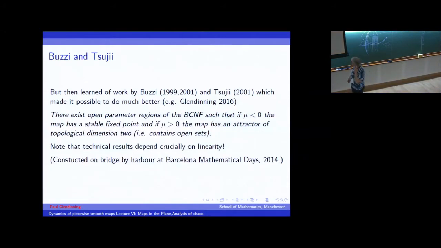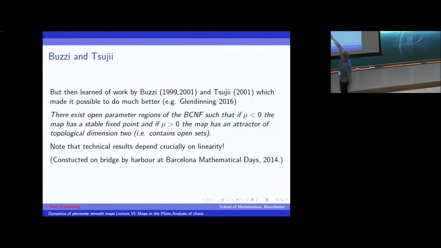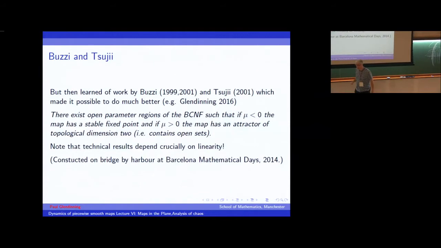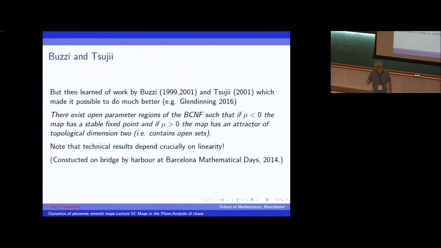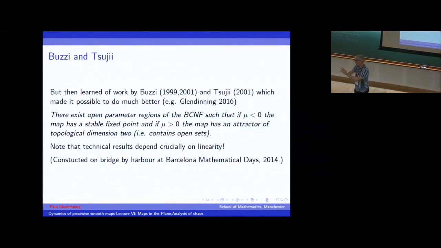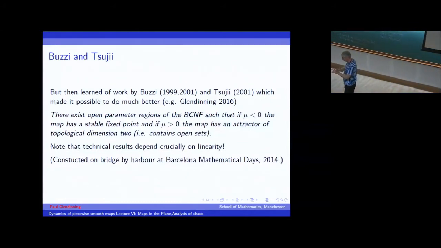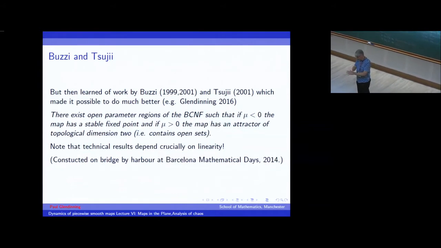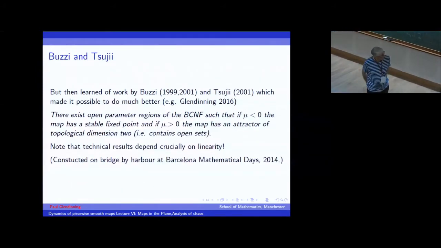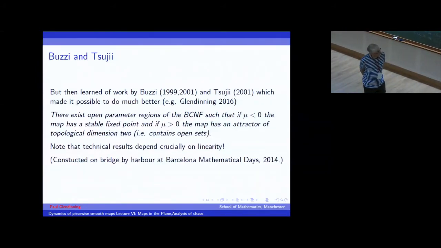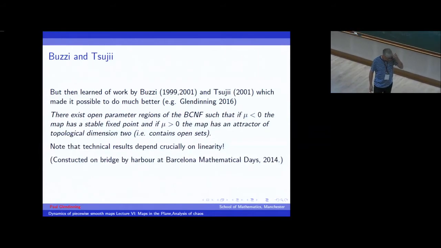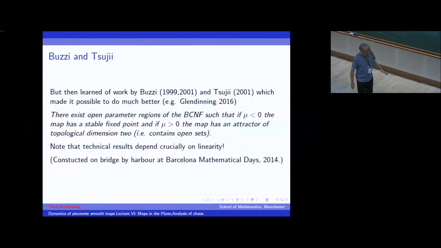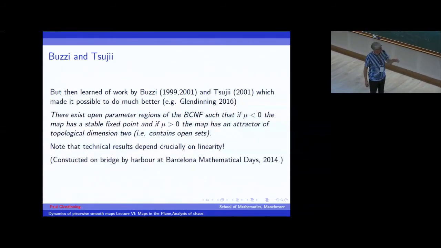So there is a technicality here, that their results depend crucially on the linearity. You're using the linearity to control various intersections. There are some nasty things that can happen if certain types of intersection of effectively lines in the two-dimensional case intersect in nasty ways.